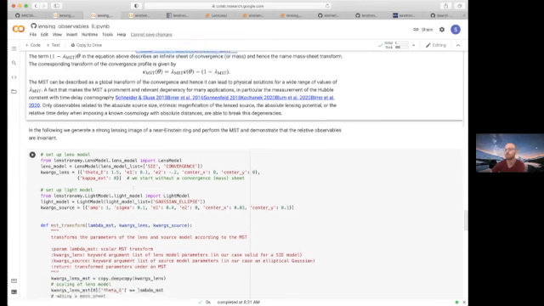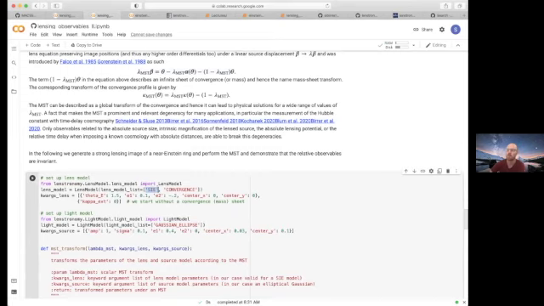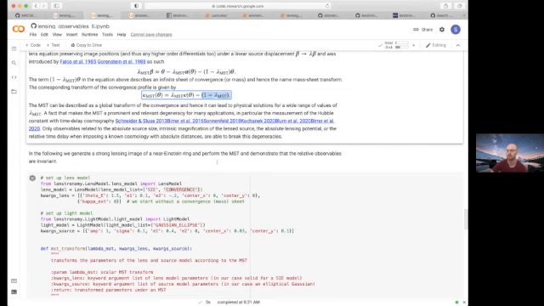The first thing is very similar to what we had. We introduce a lens model, which in that case is a singular isothermal ellipsoid, so an elliptical mass distribution. And we add a convergence, which we can use to mimic this mass sheet transform. So this is a two-component model.